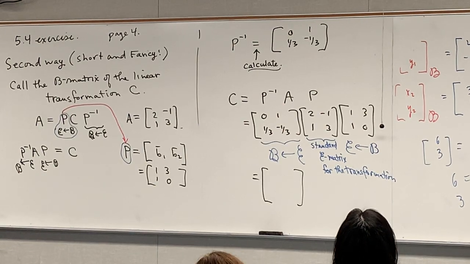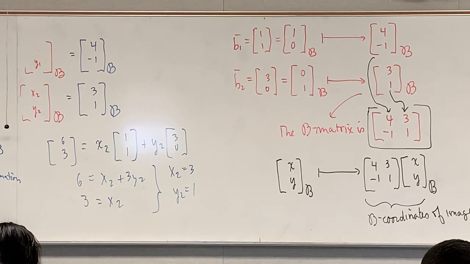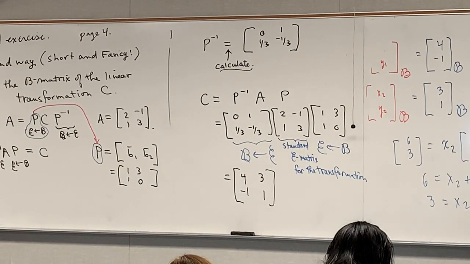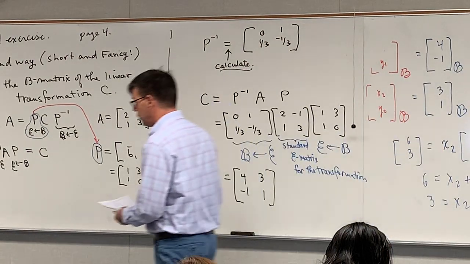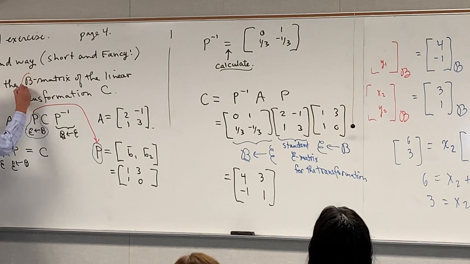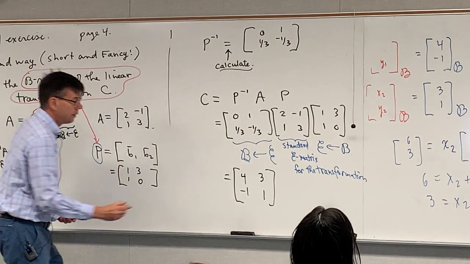The 4, negative 1, 3, 1. So that's another way to obtain what we call the B matrix of the linear transformation. It's right here.